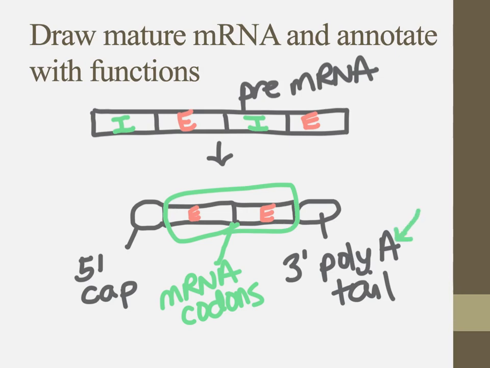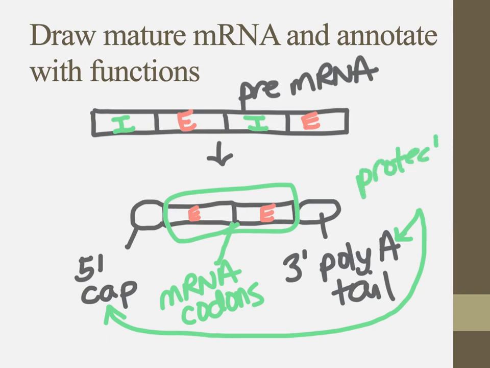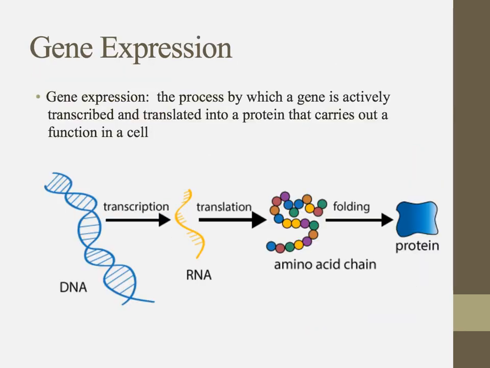These guys, the 3' poly A tail and the 5' cap, are there to protect the mRNA as it moves throughout the cytoplasm. This has to go from the nucleus through to the cytoplasm into a ribosome, and those are there to protect the valuable codes held within the exons.